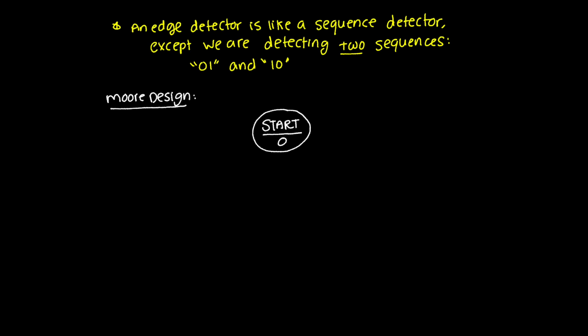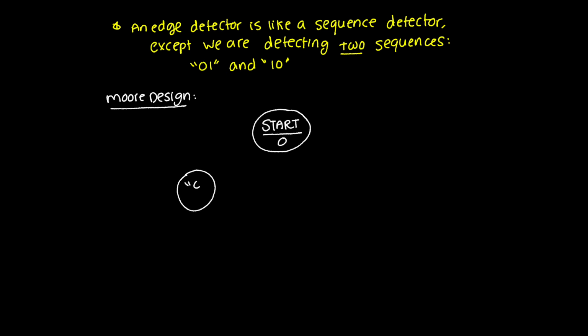And I have two options here. Either I can detect my incoming bit stream. Again, I have a single input bit, which is X, and a single output, which is Y. X is my incoming bit stream, and I'm going to detect when it transitions either from 0 to 1 or from 1 to 0. I am going to output 0 under all circumstances unless I have detected those specified transitions.